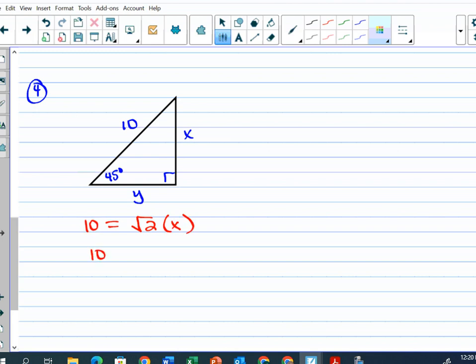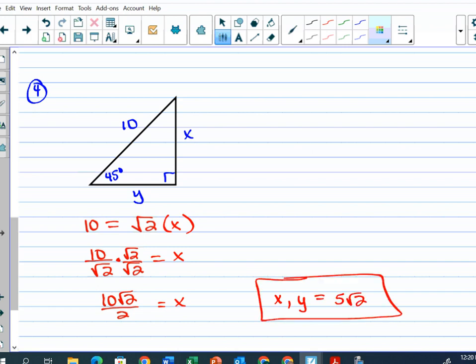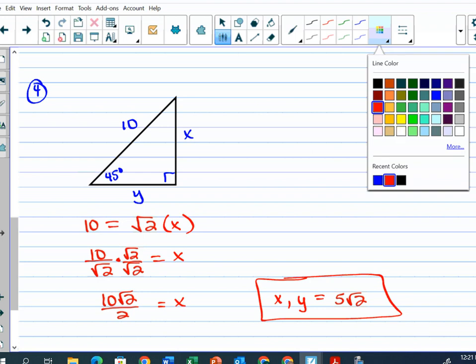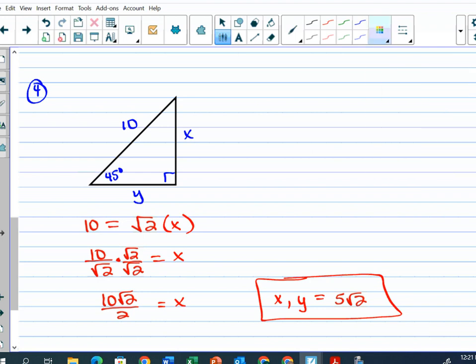So we are really just dividing by root 2 to get either x or y. And then you rationalize. And then we do need to reduce. So both x and y are 5 root 2. Anybody questions? Walking around, it looked like we were doing pretty well on this one. We're getting back in the rhythm of this.